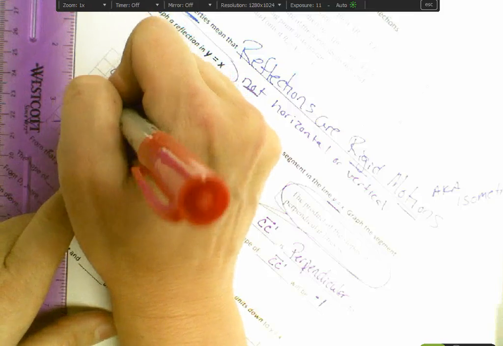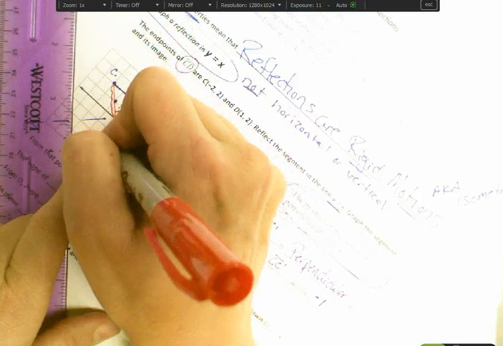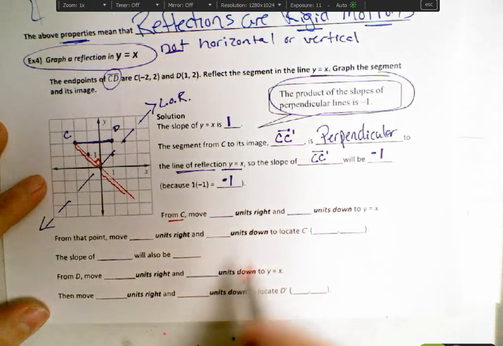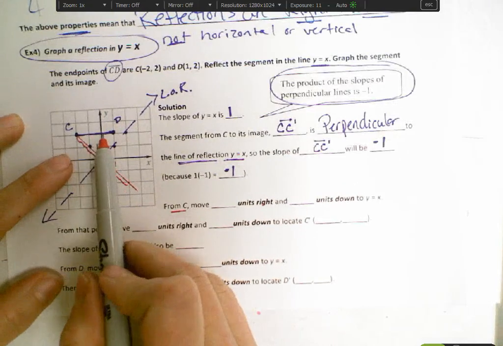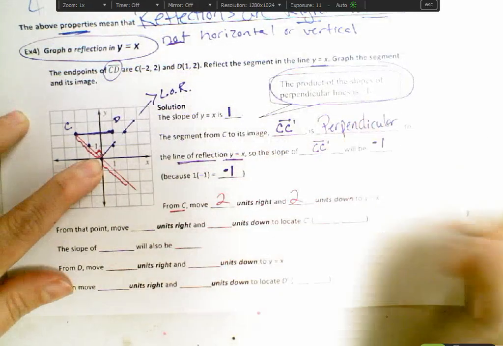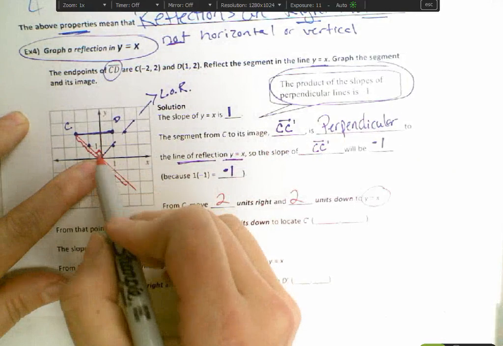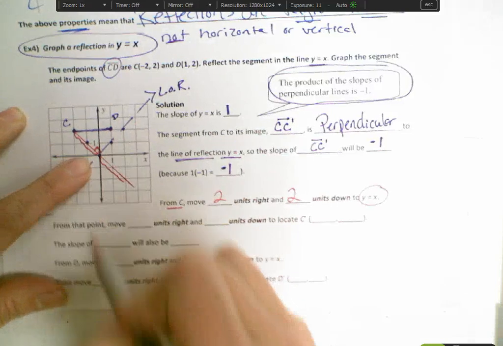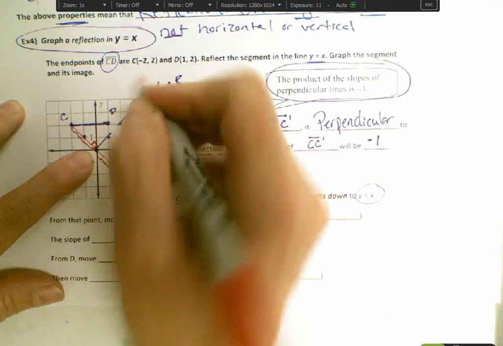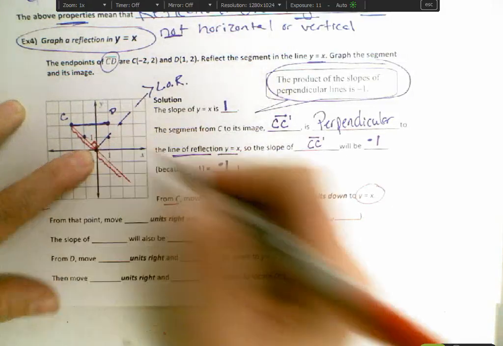So I know that this piece here has to be congruent to this piece on this side to find C prime. So from C, I have to move 2 units right and 2 units down to get to the line of reflection. So from the 2 over 2 down, I'm at this point. So to find it on the other side, I do the same exact thing.